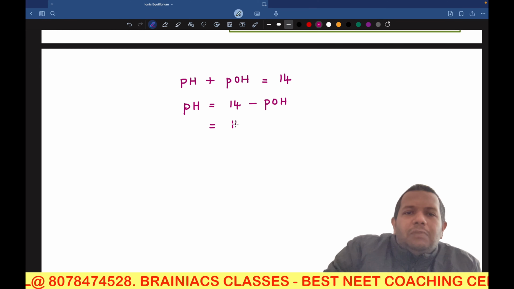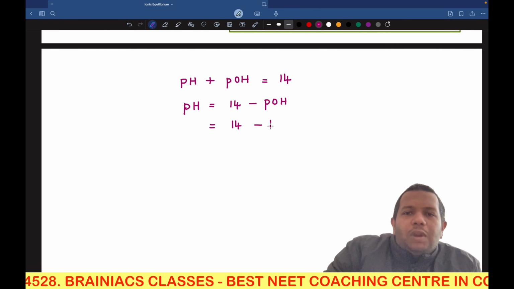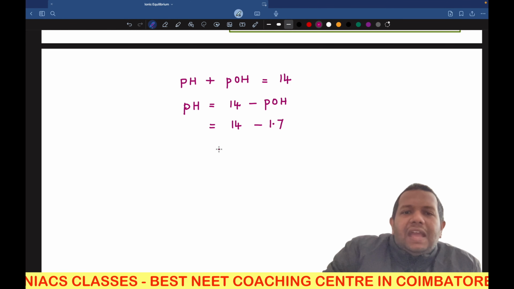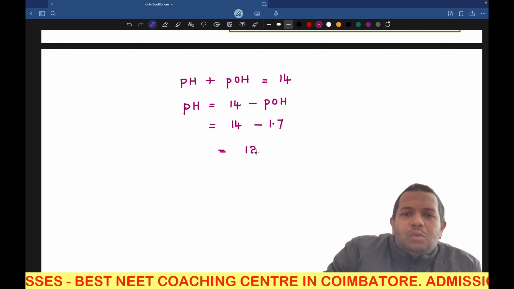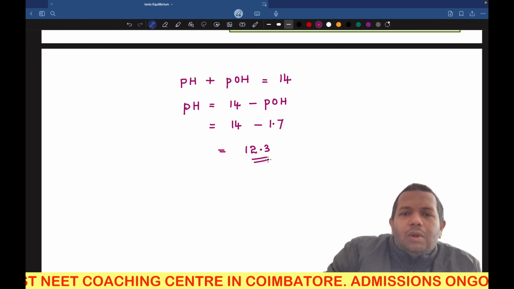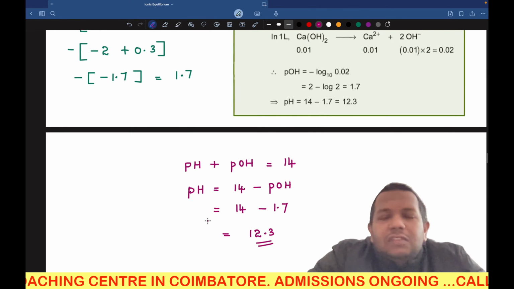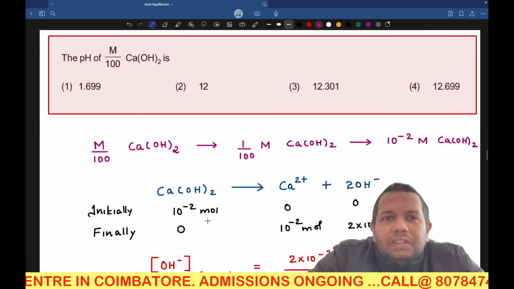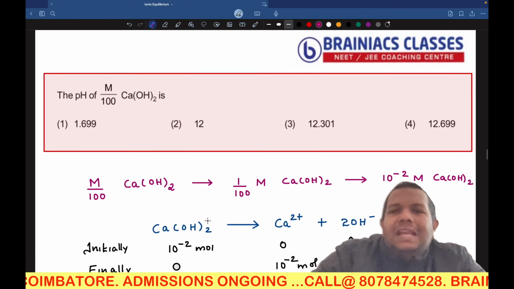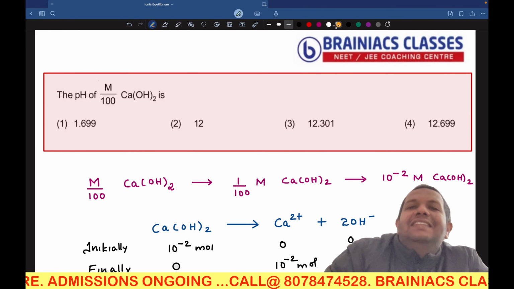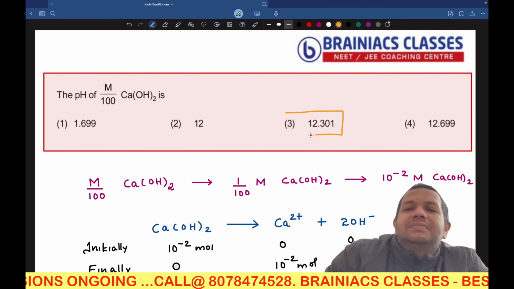How much would it become? 14 minus 1.7, and I would get a value of 12.3. Let's see whether this option is present in the question. Yes, 12.3 is exactly present, and this would be my correct answer.